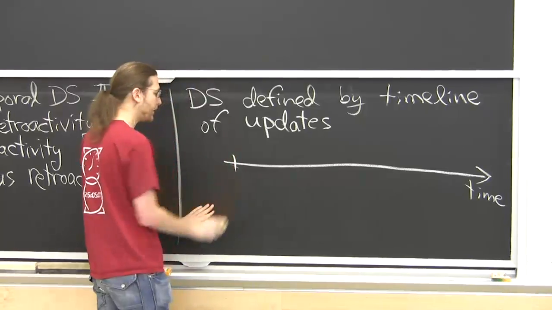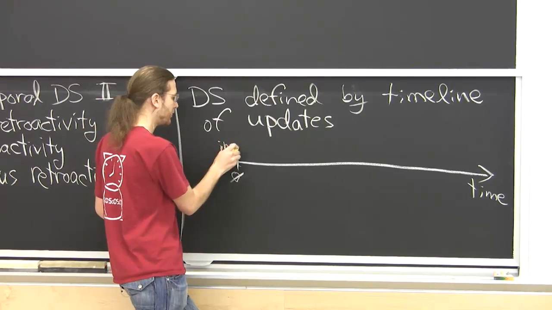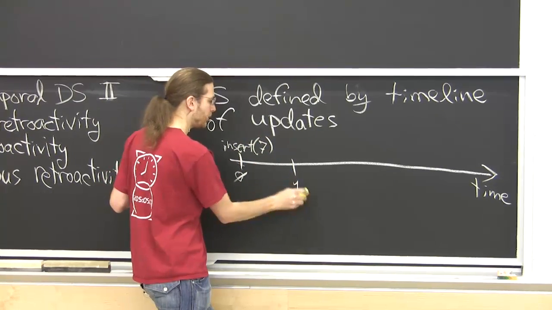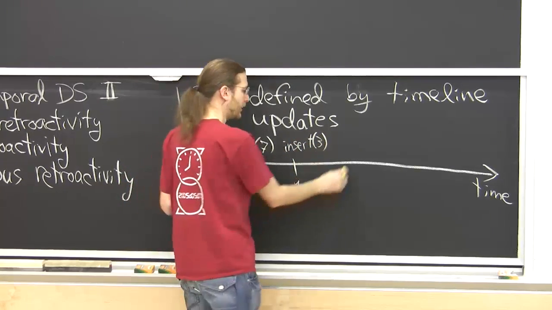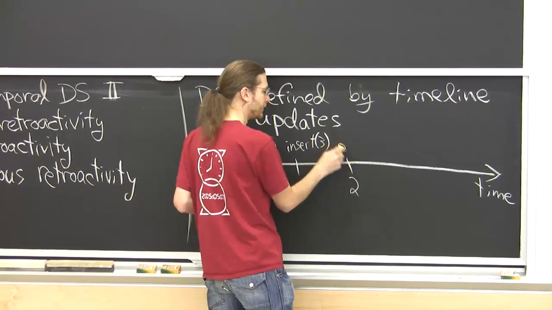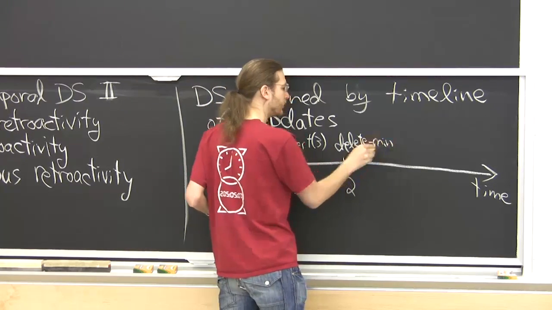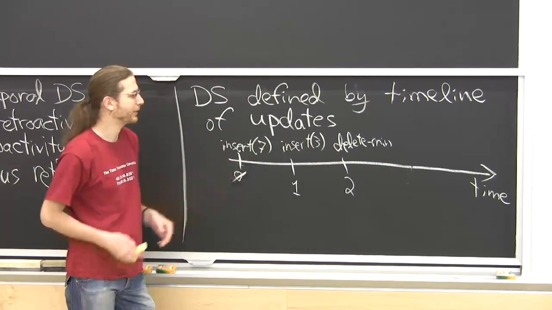And the idea is, maybe at time 0, you do an insert of 7. And then at time 1, you did an insert of 3. And then at time 2, you did a delete min. At the end, right now you'd have just the element 7.